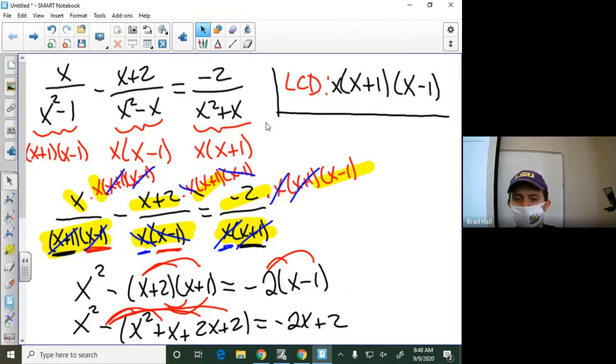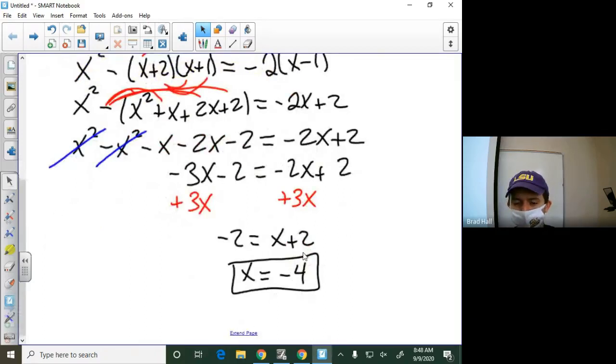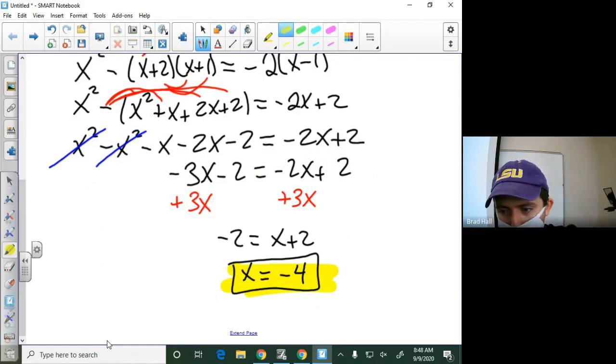In fact, the bad numbers for x would be 0, +1, and -1. If we would have gotten any one of those numbers, that would have given us 0 in the denominator. But ultimately, we can conclude that this is indeed our answer, -4. It does not give us a 0 when we plug it into the denominator, so this is our answer.